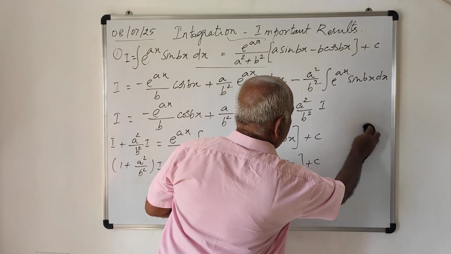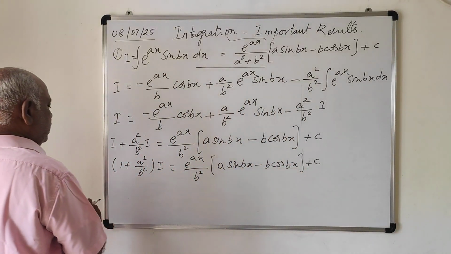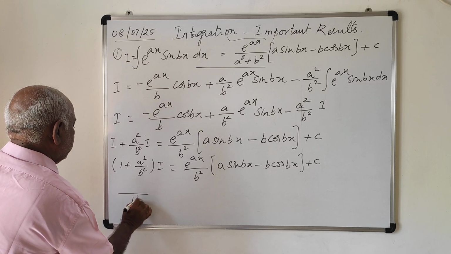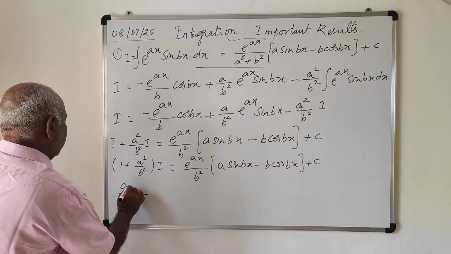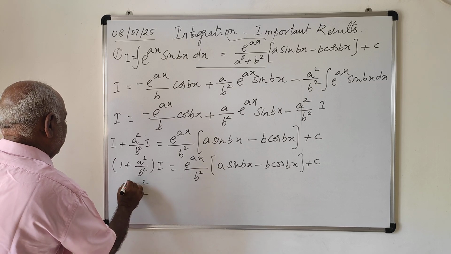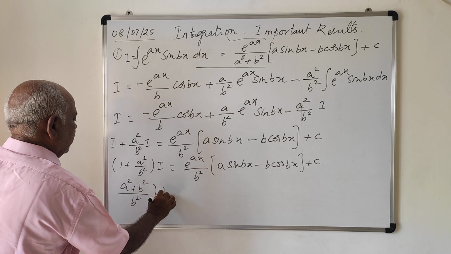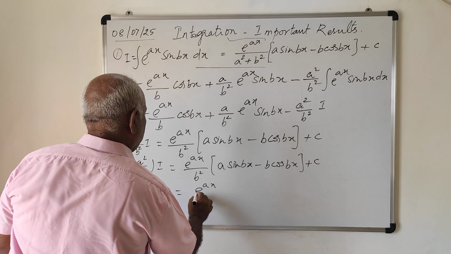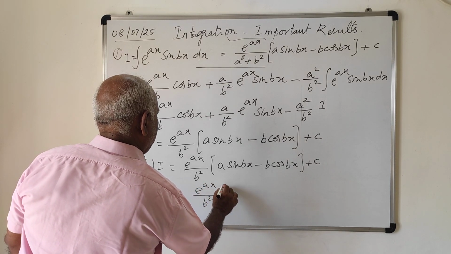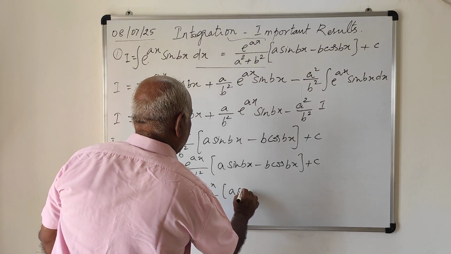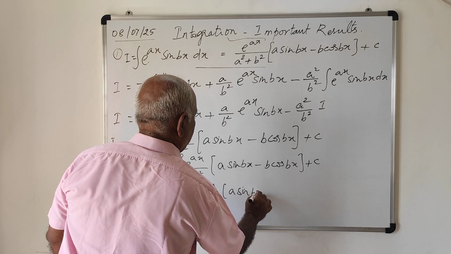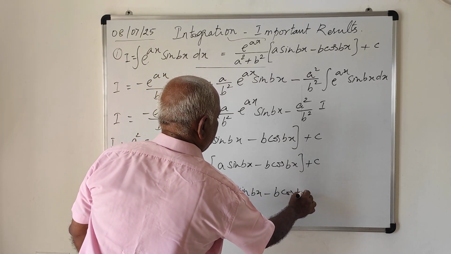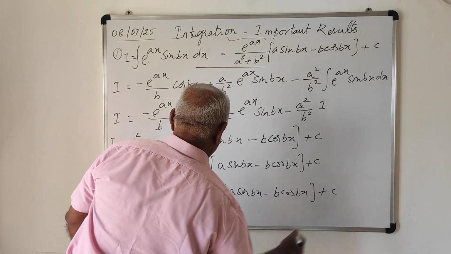Listen, if you take b square as LCM in the left hand side, you will get a square plus b square into I equal to e power ax by b square into a sin bx minus b cos bx plus c.